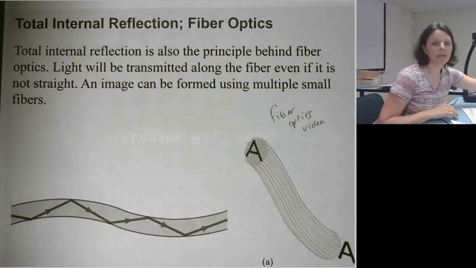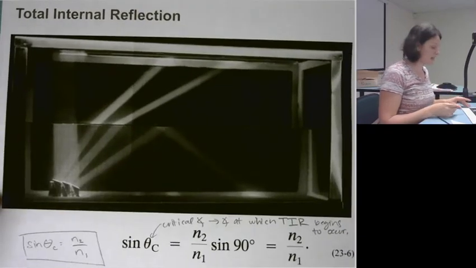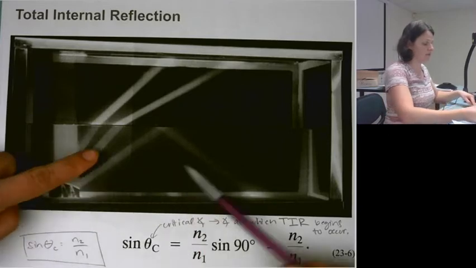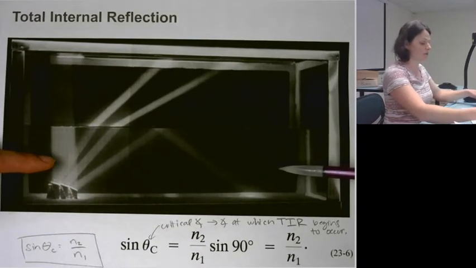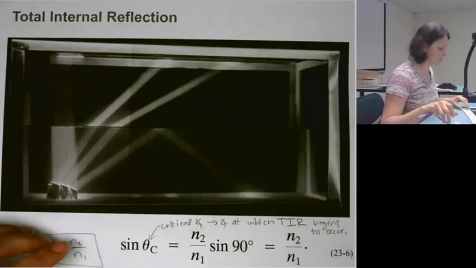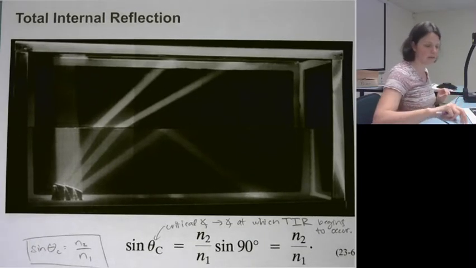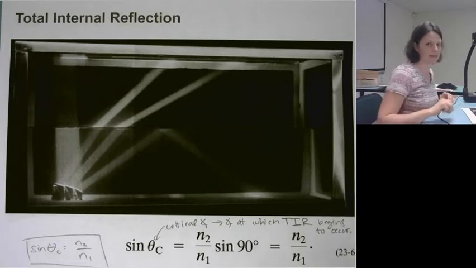One other thing that I should point out is that total internal reflection only occurs for something moving from a slow medium to a fast medium. We will never have total internal reflection for moving from a fast medium to a slow medium. Actually, we'll do some examples of that later.